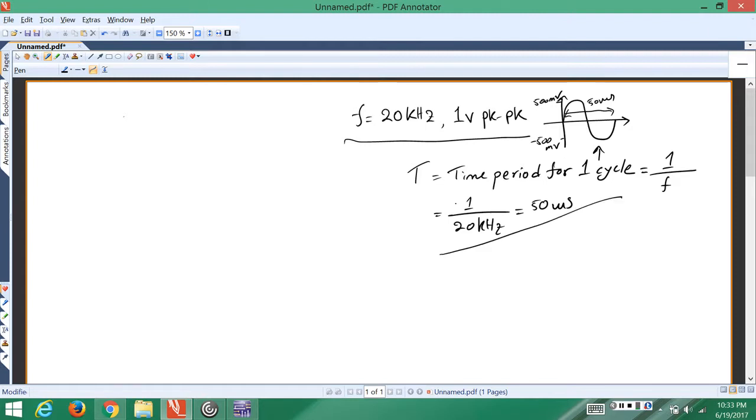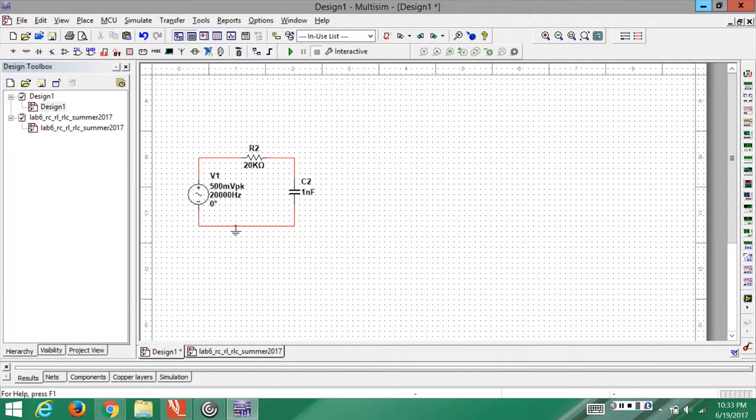And this is important because the topics that I will cover today are, one, how to take the voltage reading across the resistor and the power supply using your oscilloscope, and the second thing is how to measure the phase shift between the waveform for a resistor and the waveform for your voltage source.